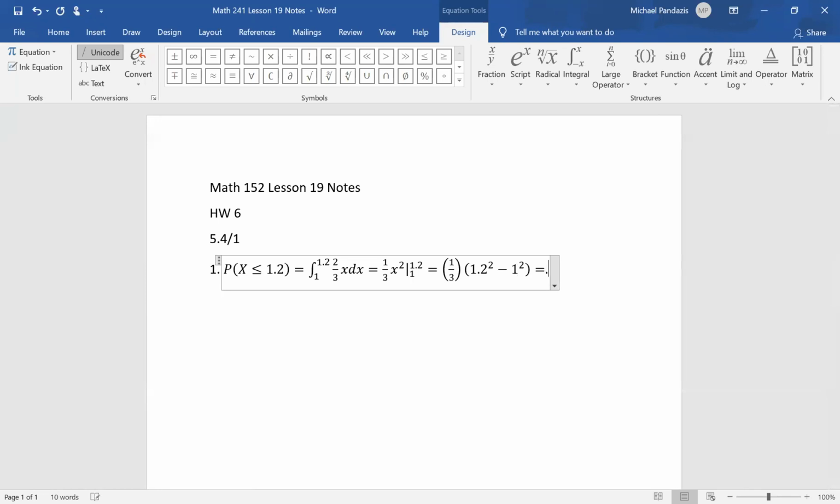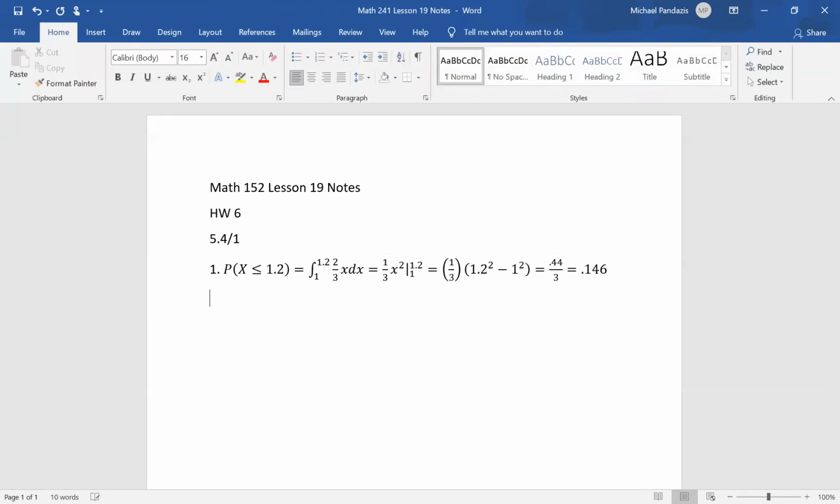That's 0.44 over 3, which is 0.146. And so that's the probability x less or equal to 1.2 from that problem.